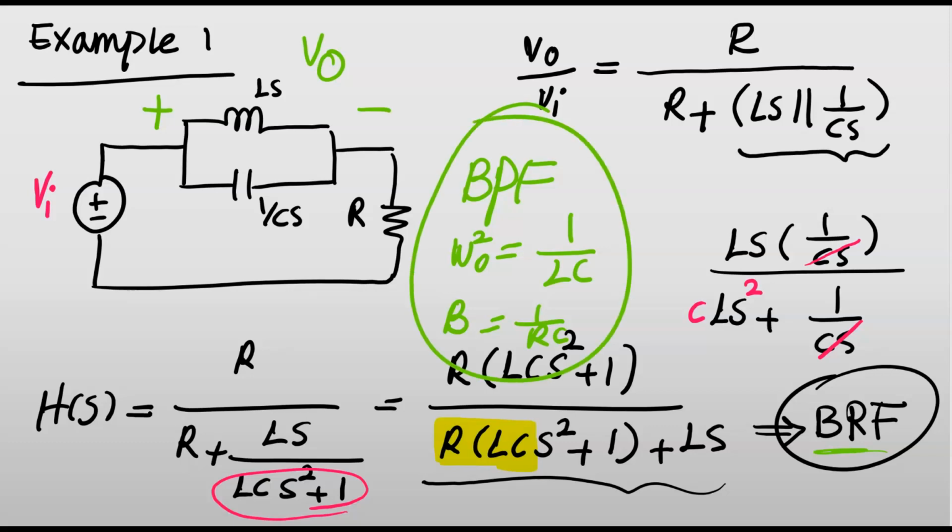I leave this part for you to solve, so you can redo the calculation, and you're going to see that if you choose the voltage across these elements as your VO, then instead of having a band reject filter, you're going to have a band pass filter.